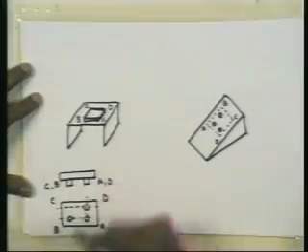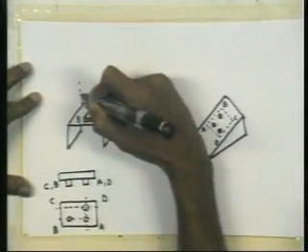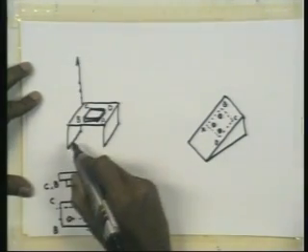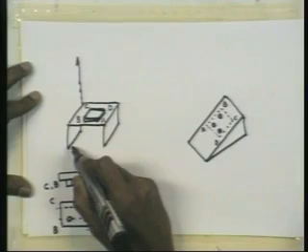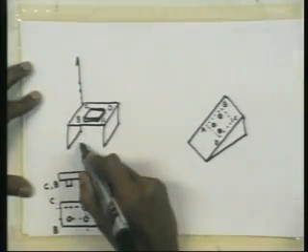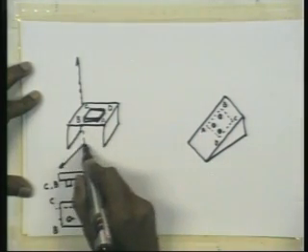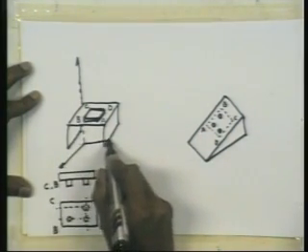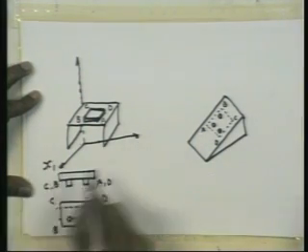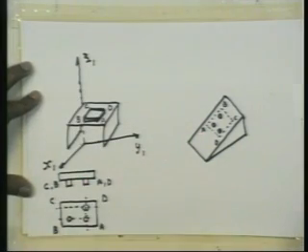Now let me use a reference frame to locate things. If you use a global reference frame like this, okay, needn't be along this, so we'll call it x1, y1, z1.